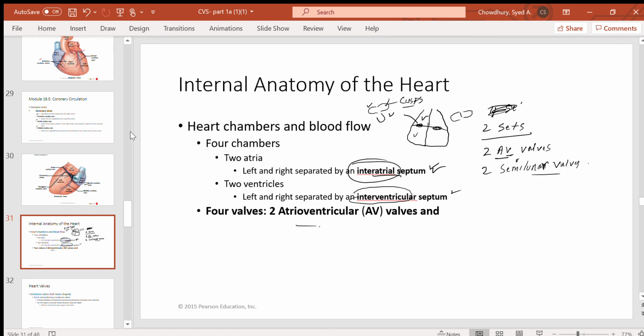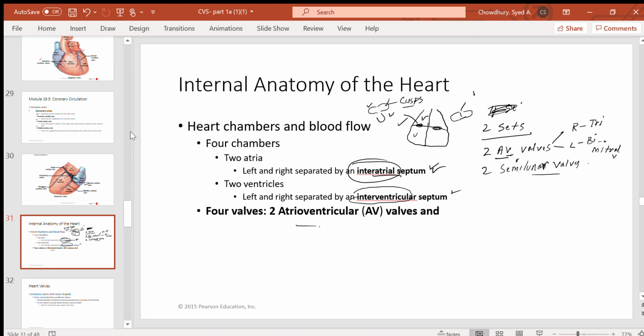That's why it is called bicuspid. So tricuspid is the right and bicuspid is the left. And left bicuspid is also called mitral. So right and left. Right is tricuspid, left is bicuspid, and left is also called the mitral. This is more commonly used, right?